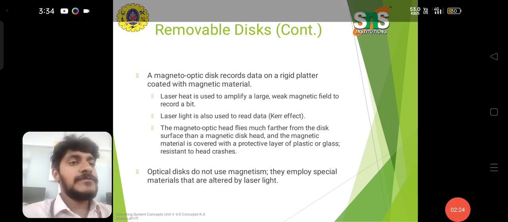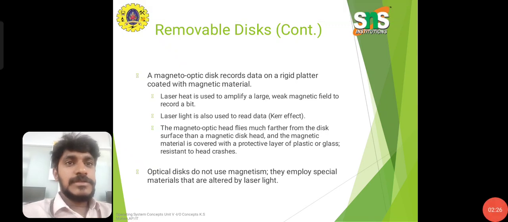The optical disc does not use magnetism; it employs a special material altered by laser light. It is a removable, low-cost disc used for storage by the user. The laser light is a key element used to read the data.